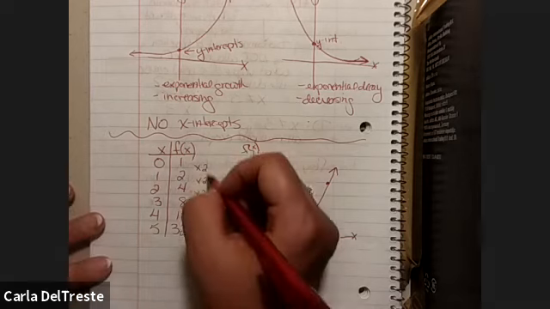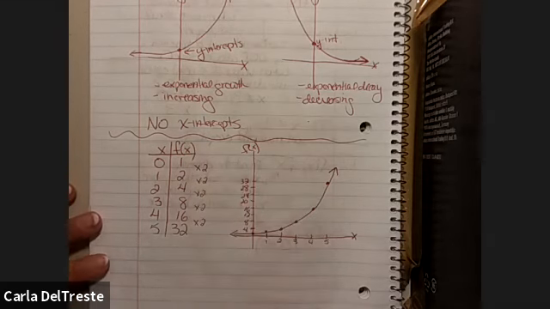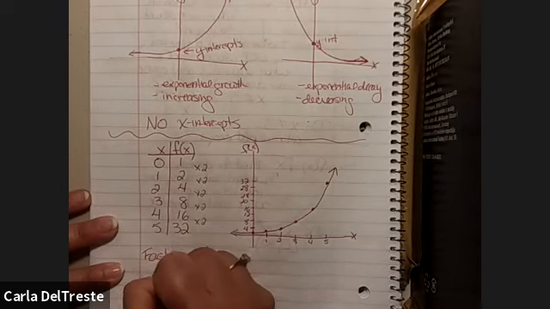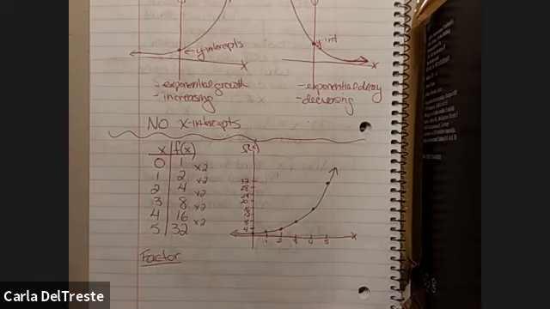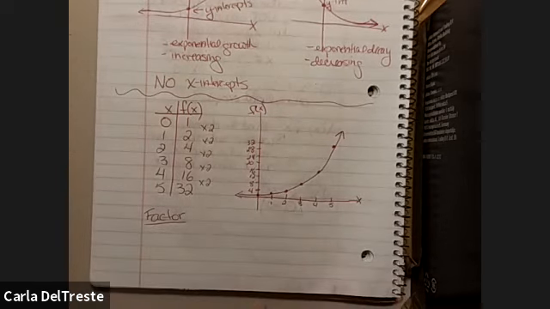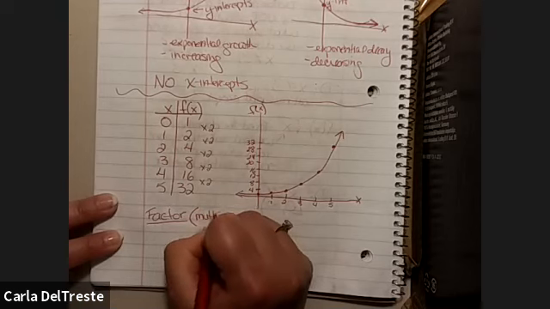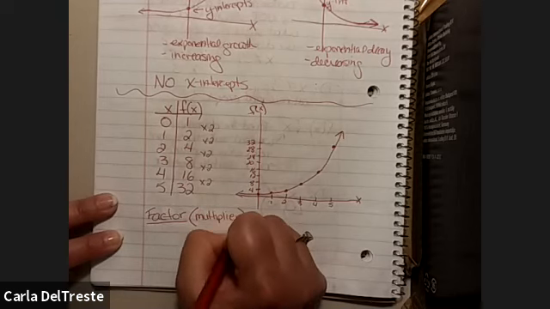So this is a very important fact to be able to pick out, because this is actually called the factor. Okay, factor is a very important vocabulary word for exponentials. I also like to call it the multiplier, because that's actually physically what you're doing.